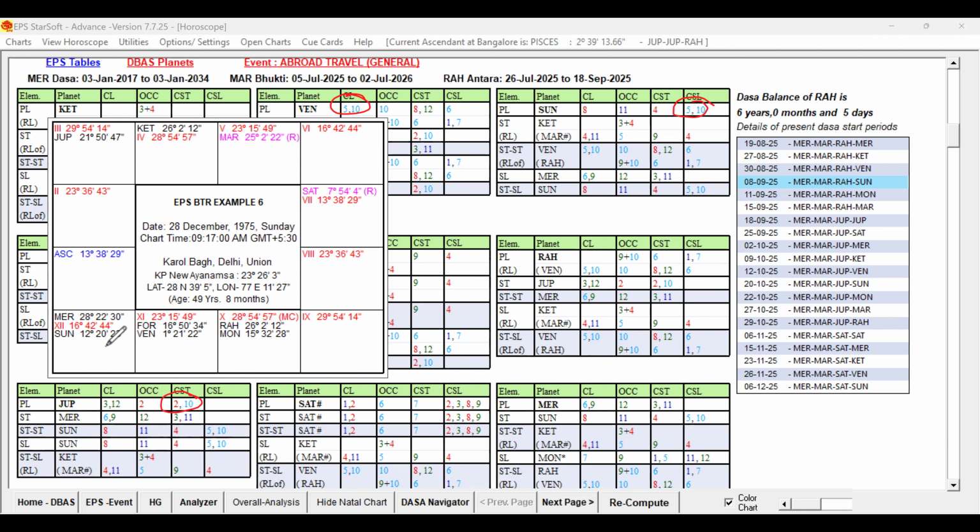Sun itself is the 10th cuspal sublord connected to Jupiter, that is very well connected, and Sun is the karaka planet for medicine, and also 5 and 10. 5 and 10 are strongly indicating medical profession. That is also very well connected.